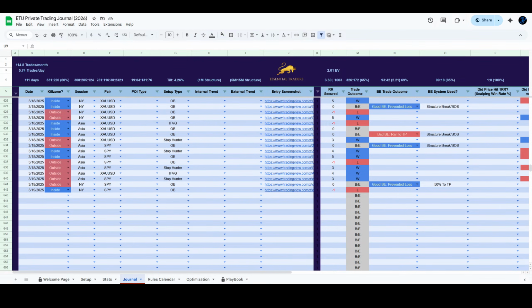Awesome. So now that I've explained basically every column in the journal, we're going to go on to filling this journal out.